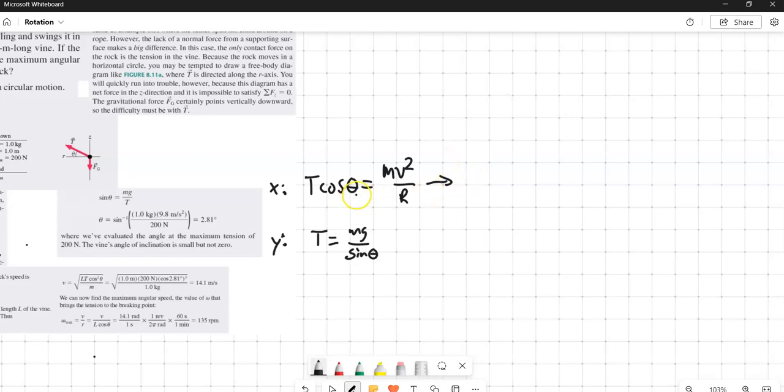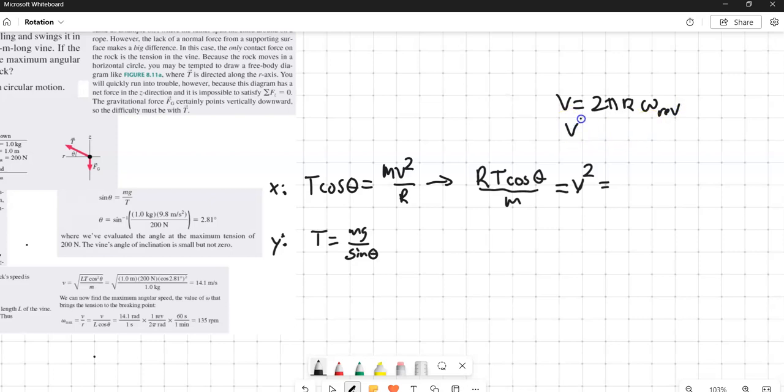We're going to multiply both sides by r and divide both sides by m. So we're going to get r times t cosine of theta divided by m, and that's equal to v squared, right? And while we're here, let's make a relationship. v is going to be equal to 2 pi r times omega revolutions.